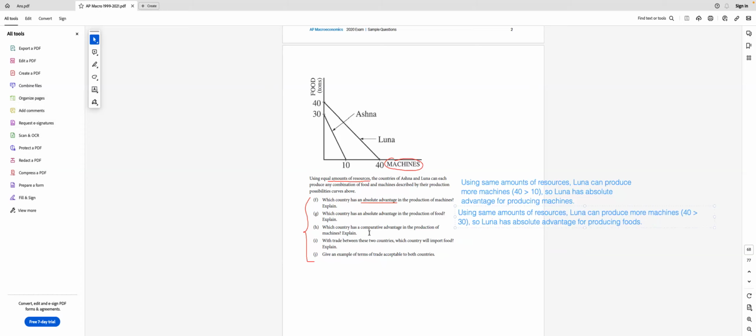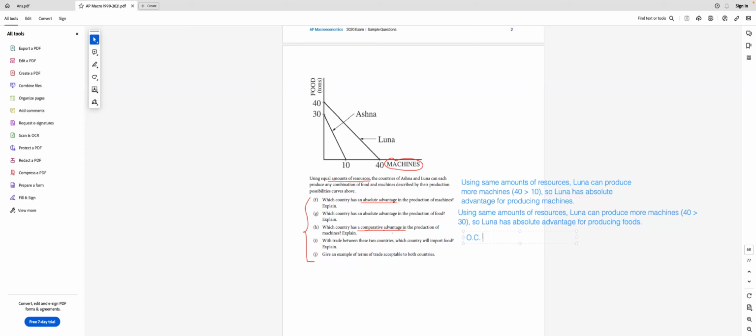Question H, which country has a comparative advantage in producing machines? This time, comparative advantage means a lower opportunity cost, so we need to do some calculation.